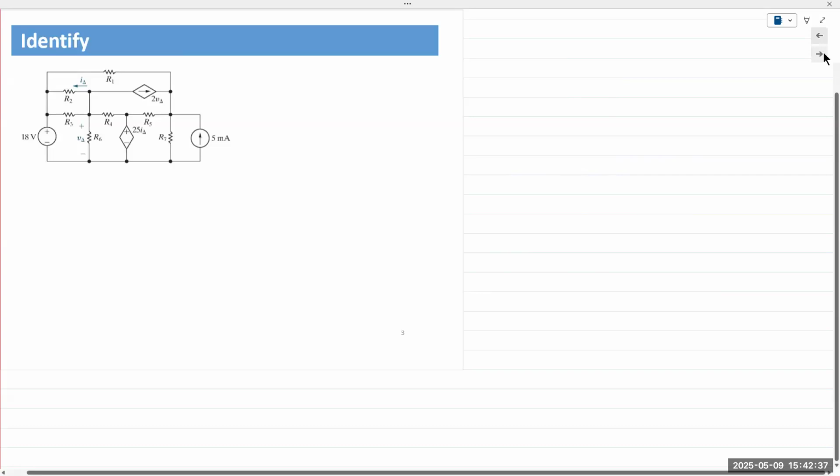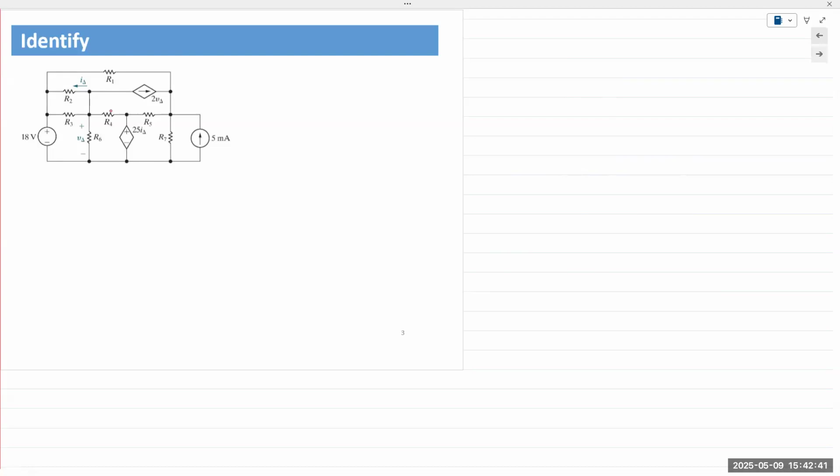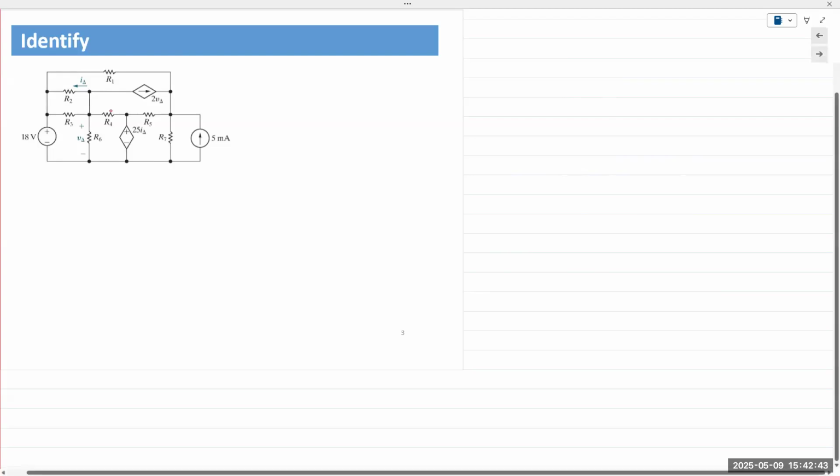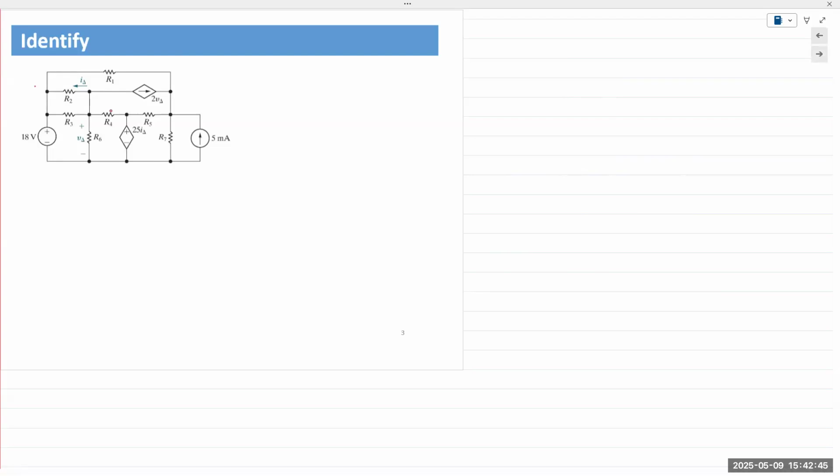All right, so here we have a circuit diagram. Walk with me. How many nodes do we see here? 1, 2, 3, 4, 5. I'm sorry, how many nodes? 6, 7, 8, 9, and 10.